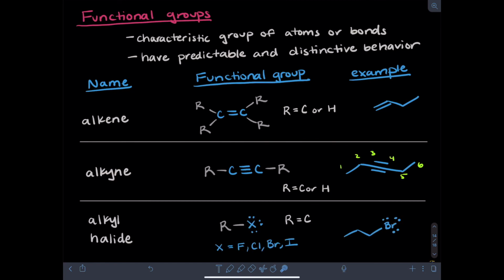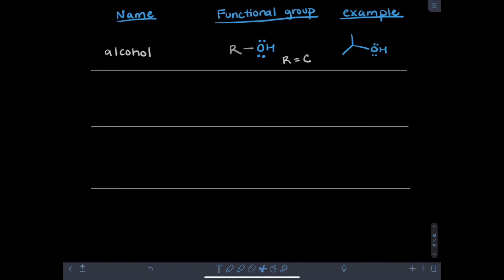And molecules where you have a carbon attached to a halogen, like a fluorine, chlorine, bromine, or iodine, these are known as alkyl halides. A molecule where you have a carbon attached to an OH group is known as an alcohol. The ether functional group will have an oxygen attached to 2 different carbons.